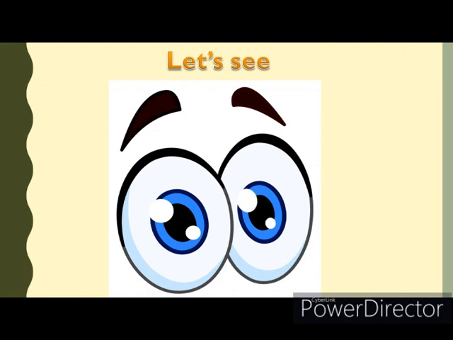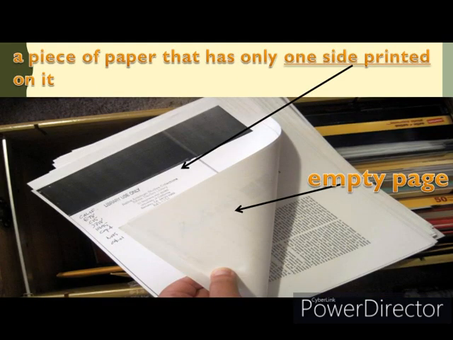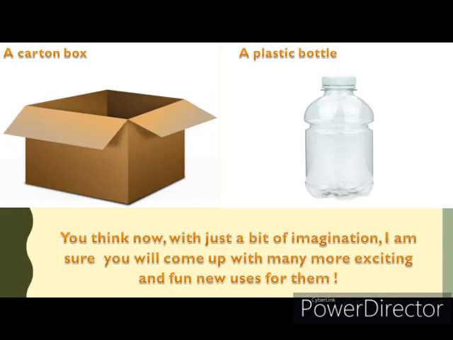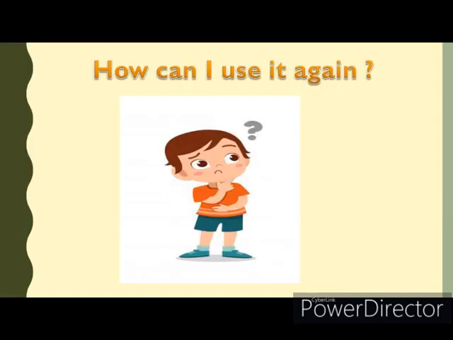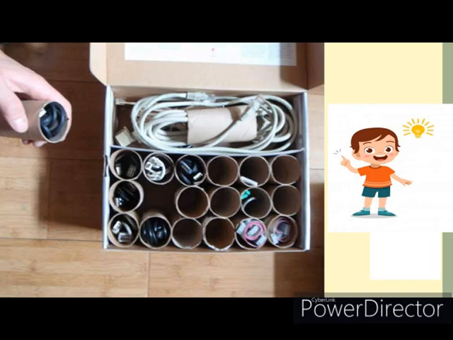Let's see. A piece of paper that has only one side printed on it, a cardboard box, a plastic bottle. I think you should think now with just a bit of imagination. I'm sure you will come up with many more exciting and fun new uses for them. So just think how I can use these things again and again.